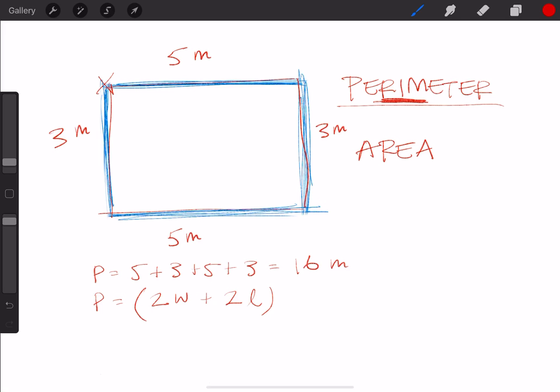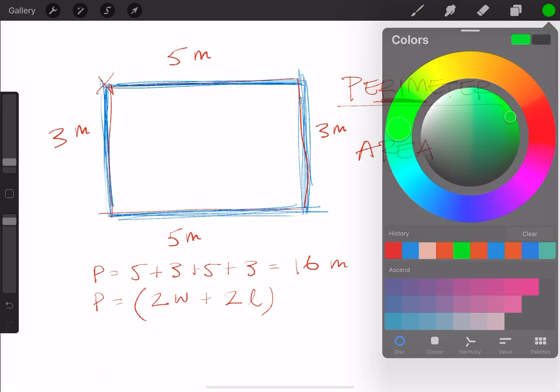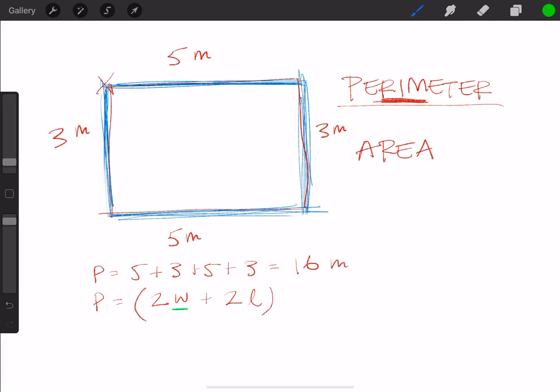Remember, these two numbers are just variables. They can change. So in this situation with this rectangle, the width we said was 5 meters and the length was 3 meters.